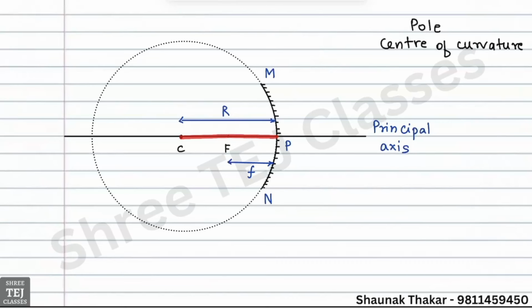The radius of the sphere of which the mirror was a part will be called, as you can guess, the radius of curvature.